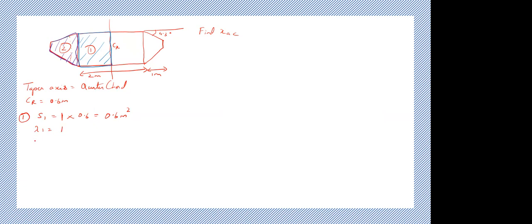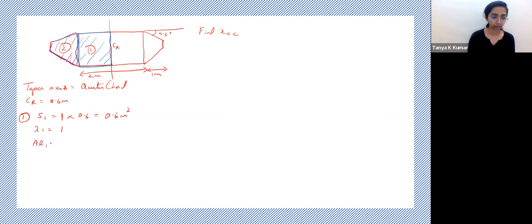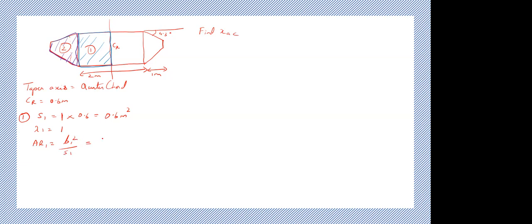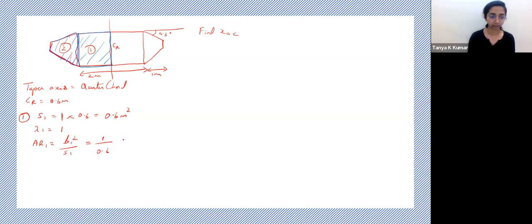Then the aspect ratio will be b square by S1, just this small blue section. 1 by 0.6, which is 1 by 6. Then let's find the mean aerodynamic chord of just the rectangle.